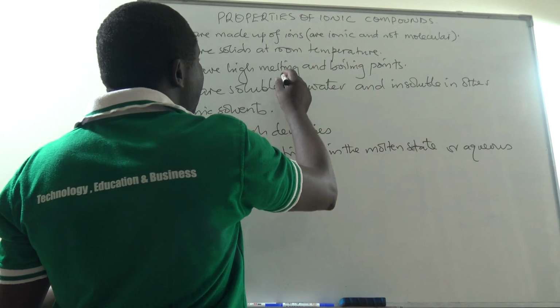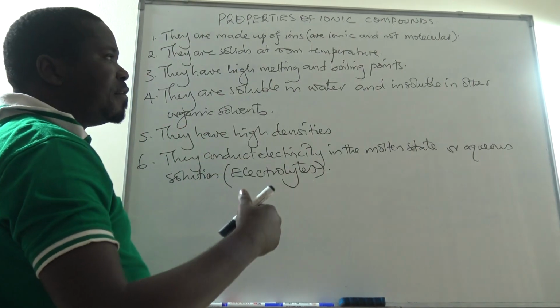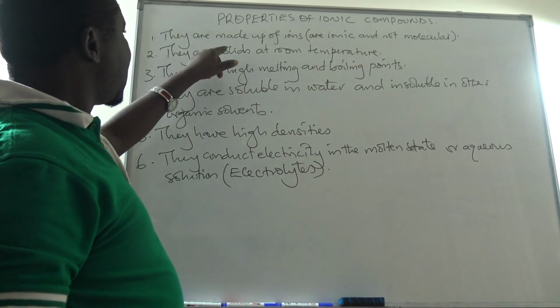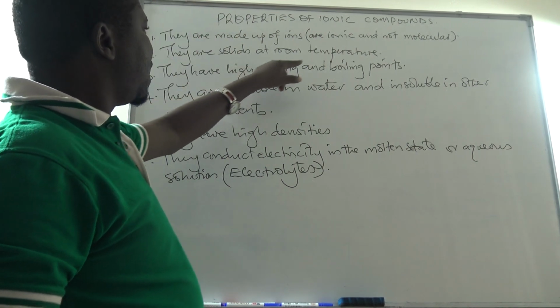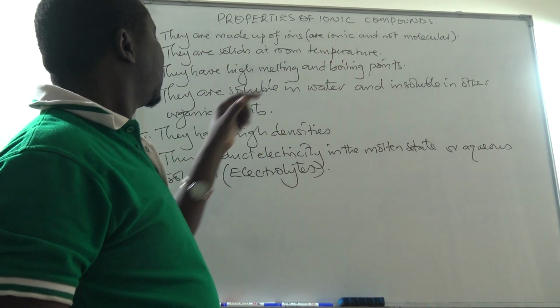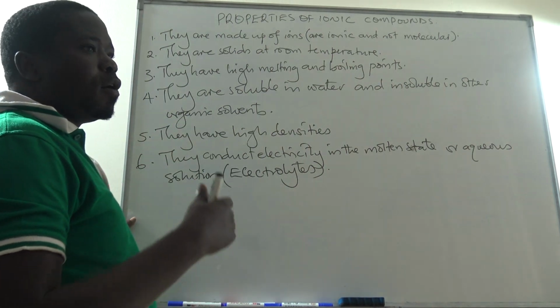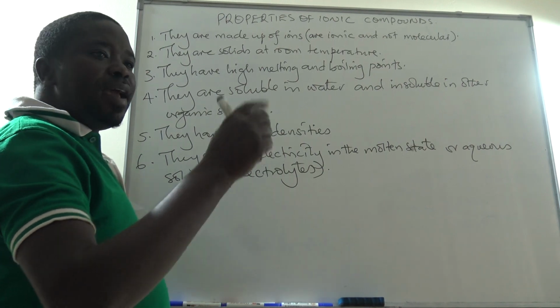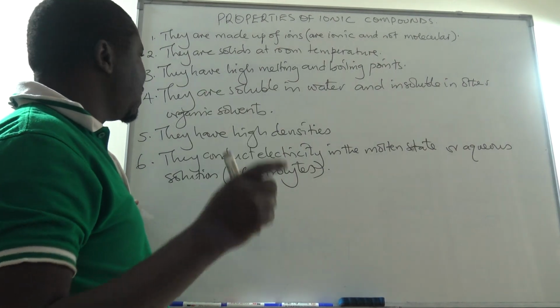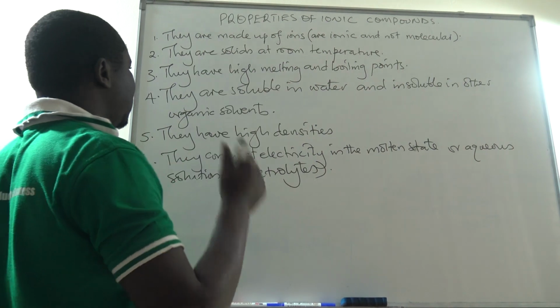So their melting points are much above room temperature. That's why at room temperature they are still solids. And I showed you a case of sodium chloride, common salt, which melts at about 800 degrees C. That's a very high melting point.